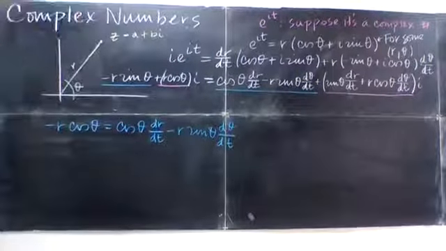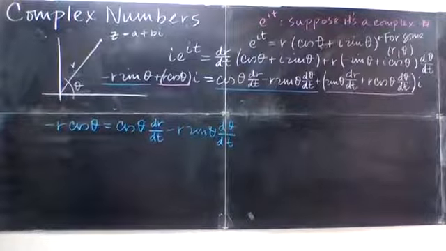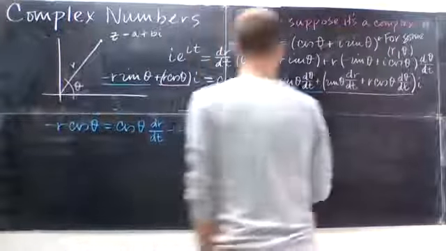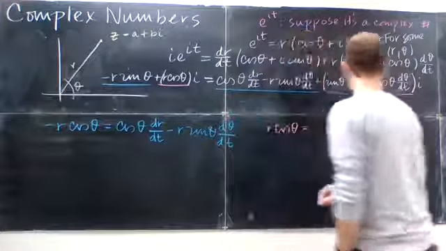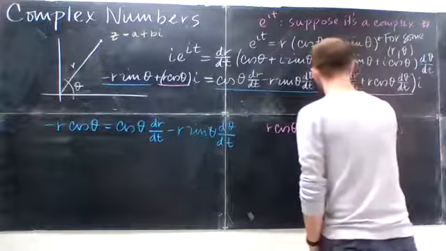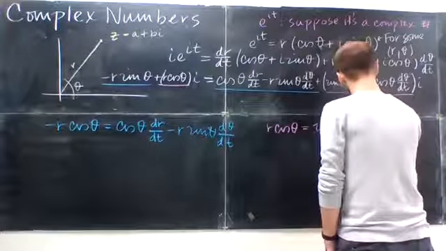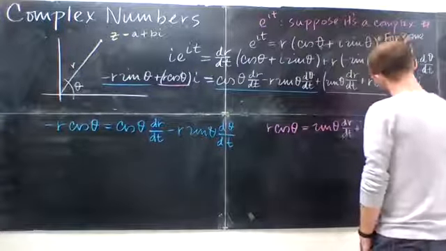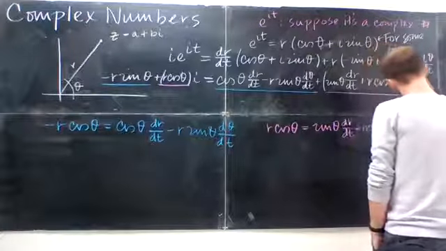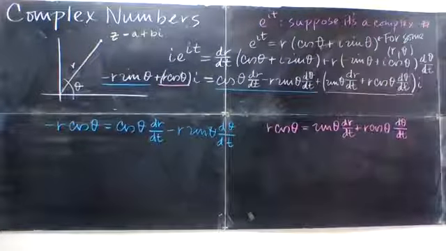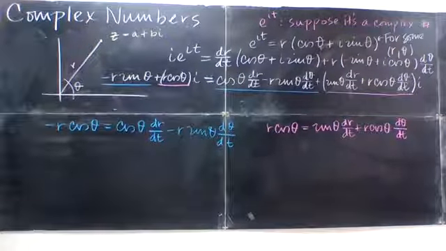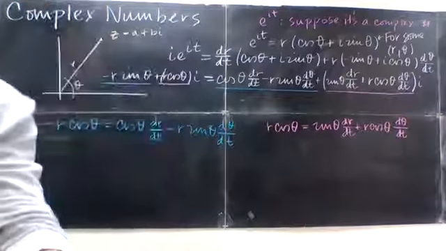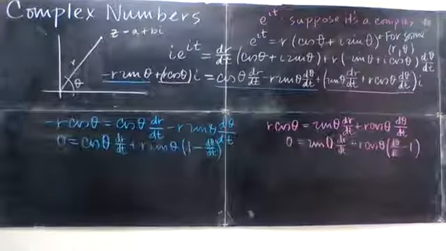And then I've also got r cosine theta equaling sine theta dr dt. And then probably what I'm going to do is set both of these equal to 0. Hold on a second. I did this differently in my notes, and maybe I just need to reconcile it.